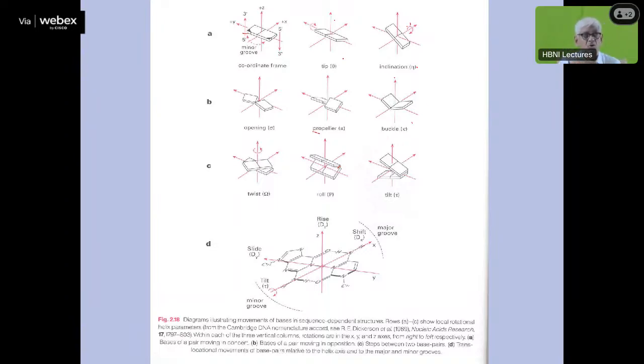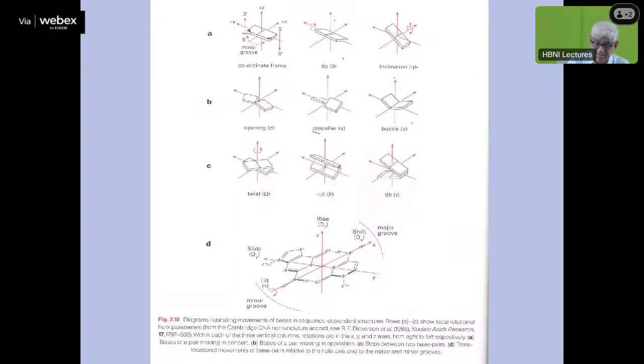And then when you consider two consecutive base pairs, whether they are parallel to each other or tilted with respect to each other, and this can be with respect to different axes, and therefore we call them two different torsion angles, two different orientations.